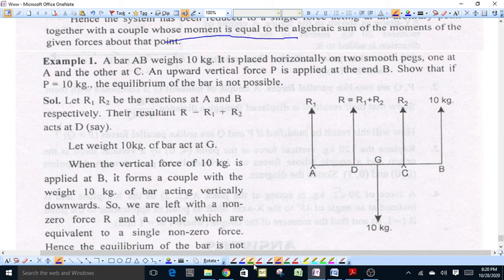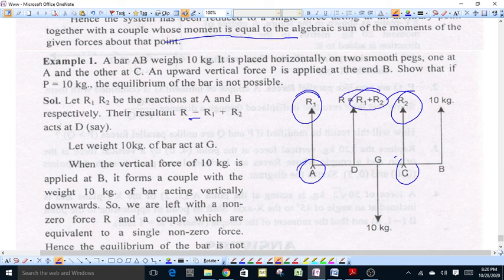A bar is placed on two pegs, one at A and the other at C. Suppose that R1 and R2 be reactions at points A and C respectively, and R is the resultant reaction, which is equal to R1 plus R2, because R1 and R2 are parallel, and D is the point where the resultant of these two reactions acts on the bar.